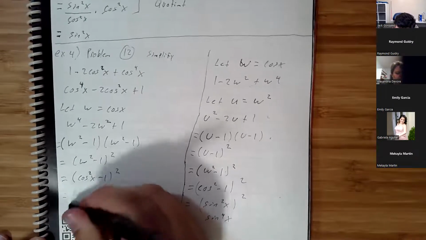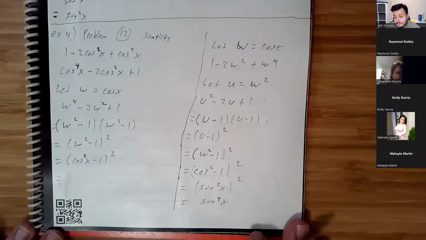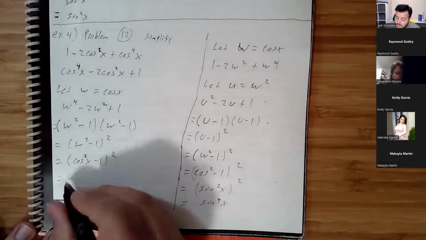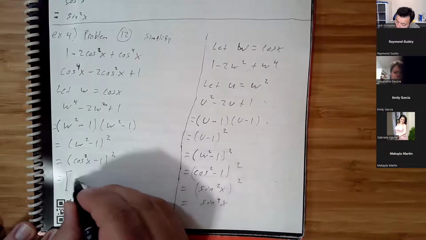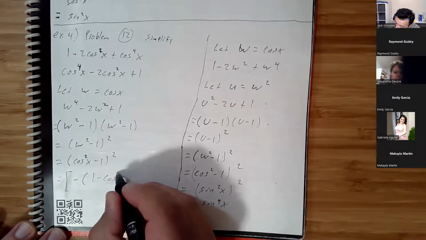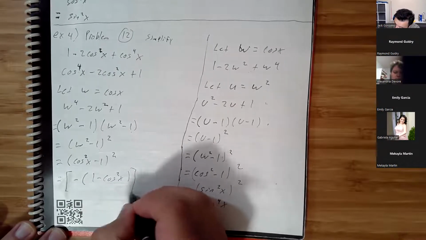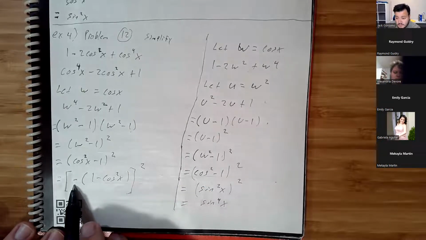Do you agree that if you square a negative, it becomes positive, right? So check this out. If I were to factor a negative from the inside, I would get this, correct? So then if I square it, it's going to become positive anyway.